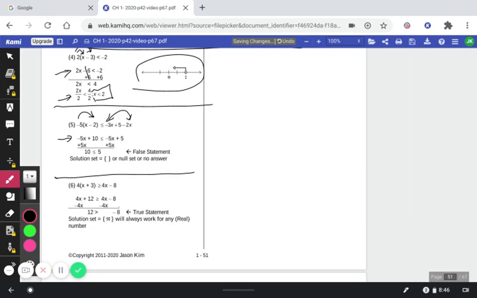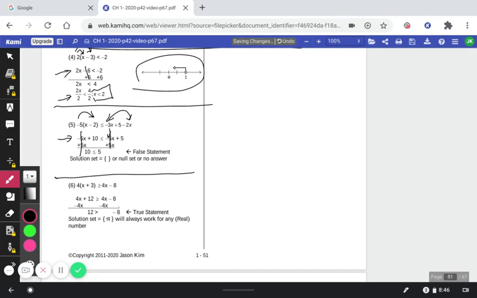Negative 3x with negative 2x is negative 5x. So you get negative 5x here plus 5. So in this particular one, you have a negative 5x and negative 5x, so you add positive 5x on both sides. You cancel out x. 10 is less than or equal to 5, because both of them cancel out in this particular inequality.